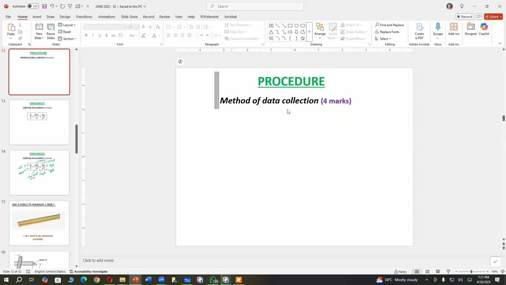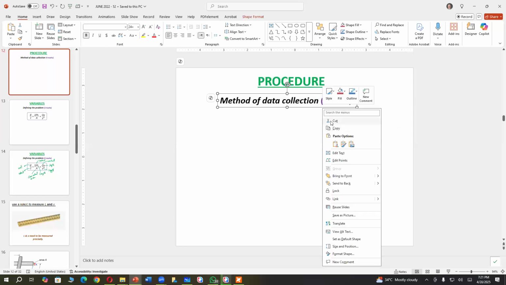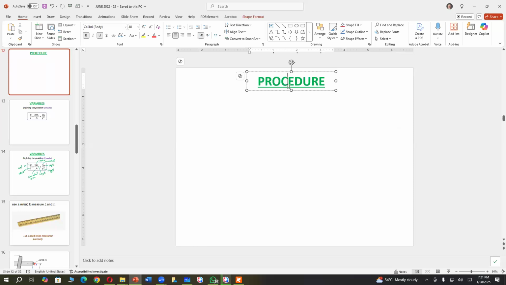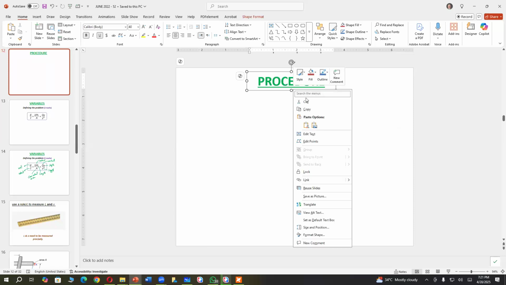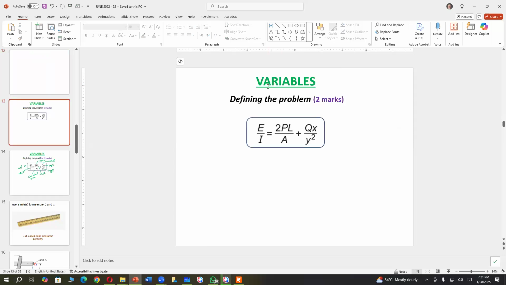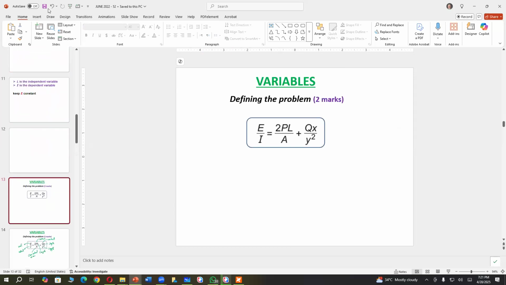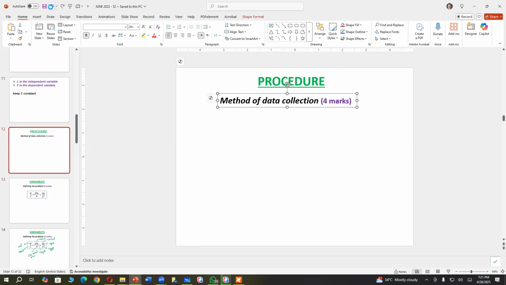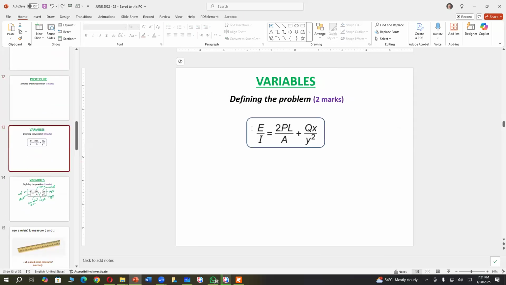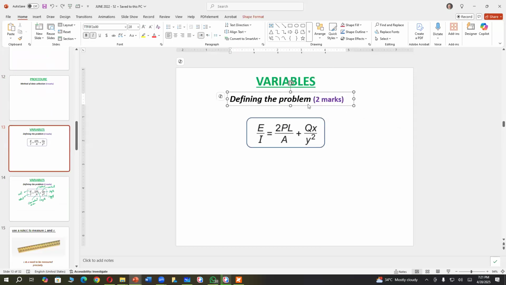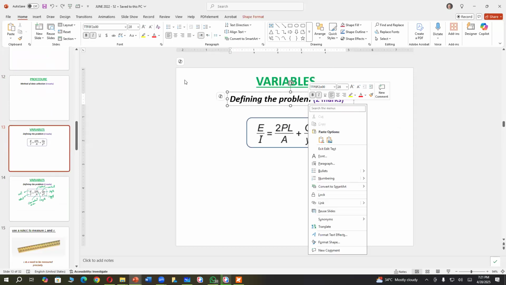So we are doing the procedure of this question, and now we are discussing the variables in this one.